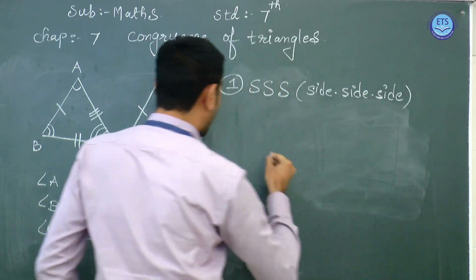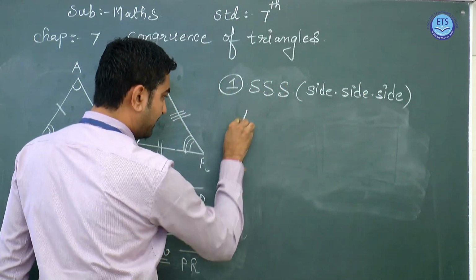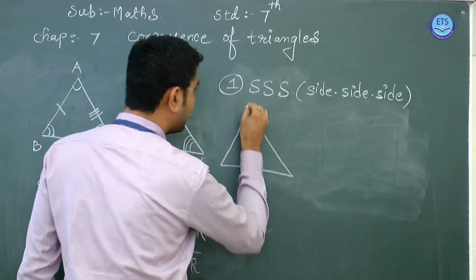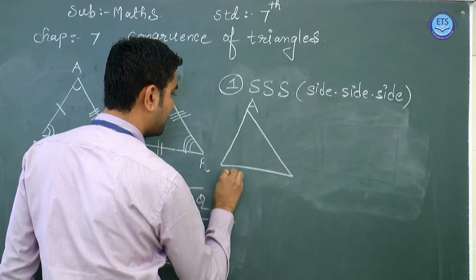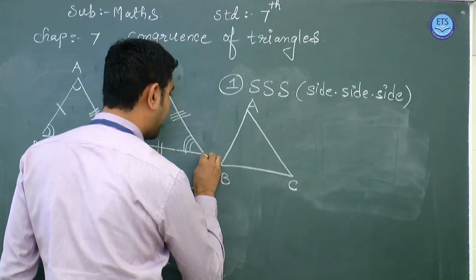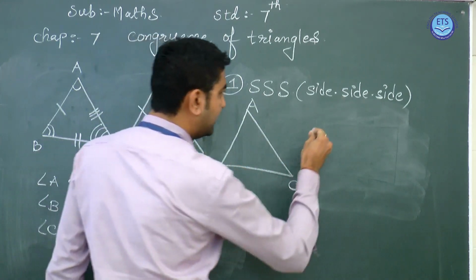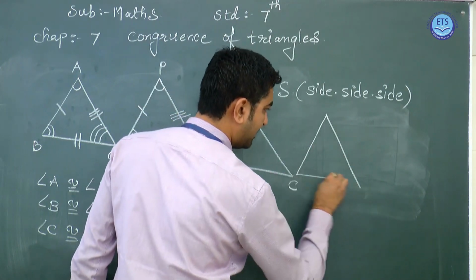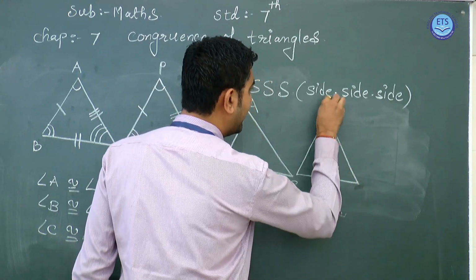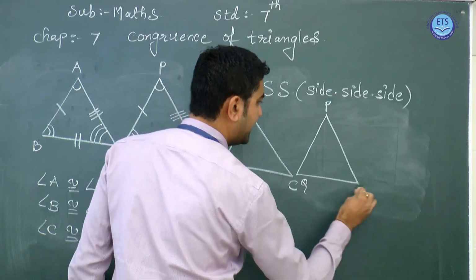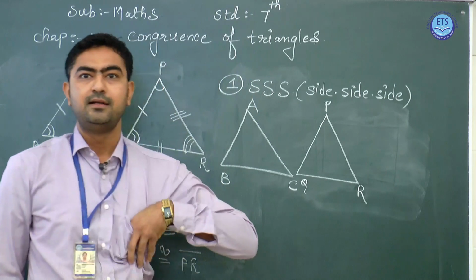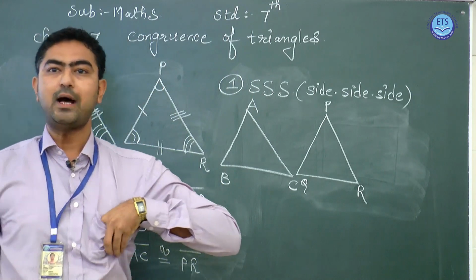We are taking two triangles here. The first is triangle ABC and the second one is triangle PQR.